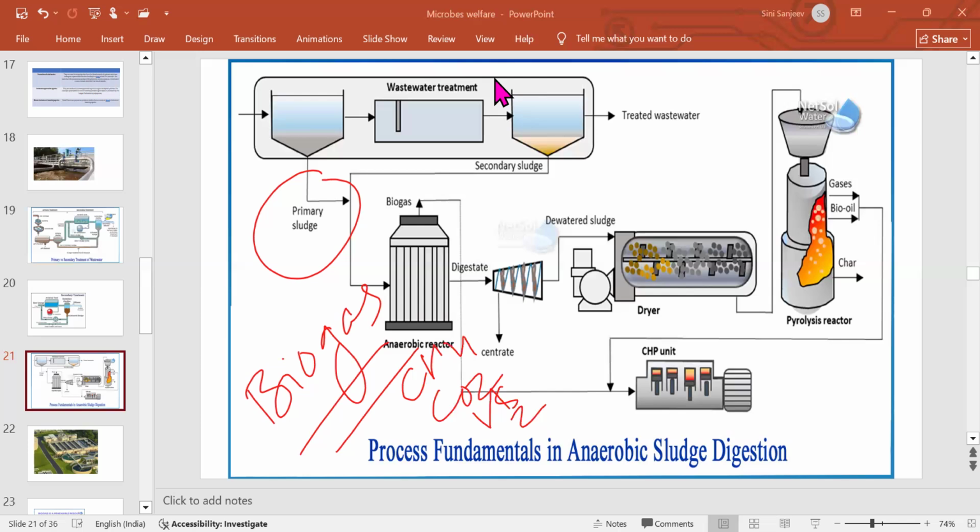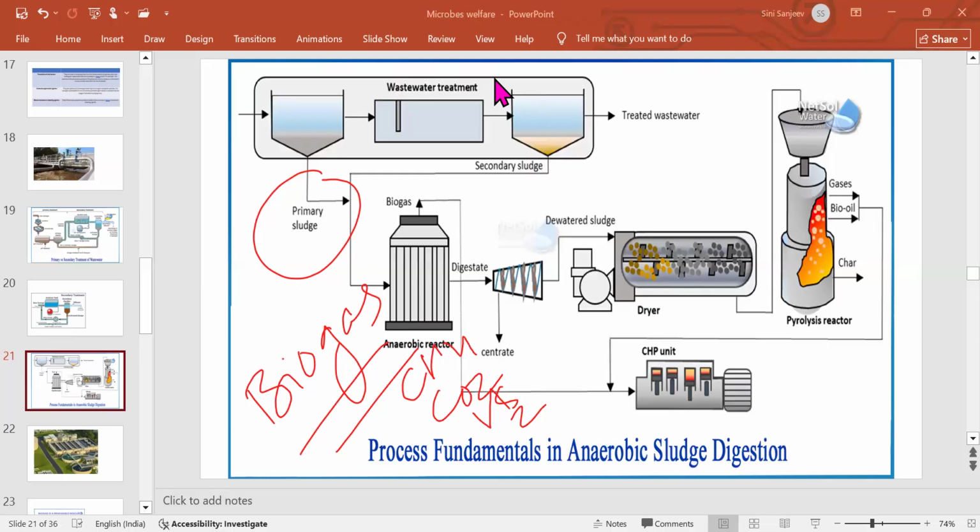So what is the basic role of this anaerobic sludge digester? In the anaerobic condition, meaning in the absence of air, the biogas is formed as a product from your sludge, which happens only in the absence of air. And what is the main component in biogas? It's methane gas.